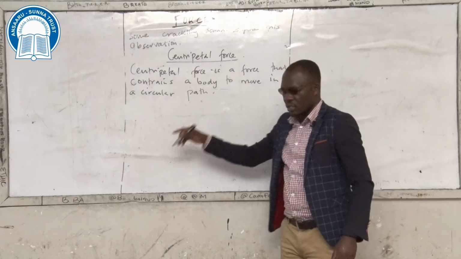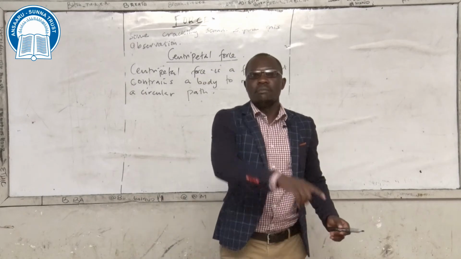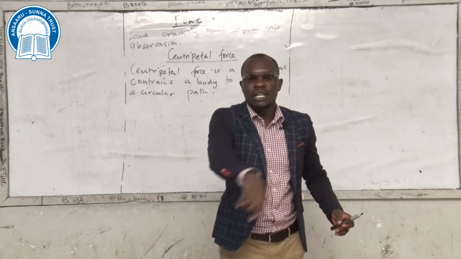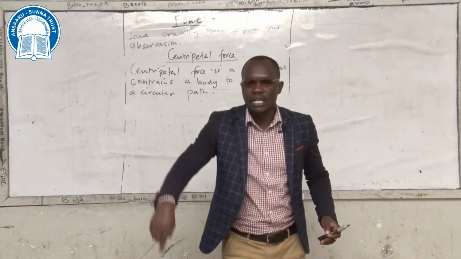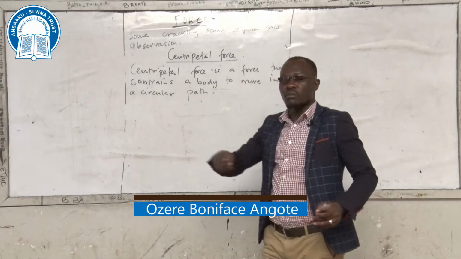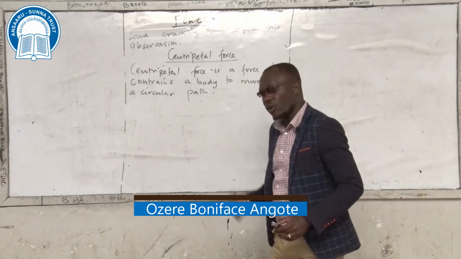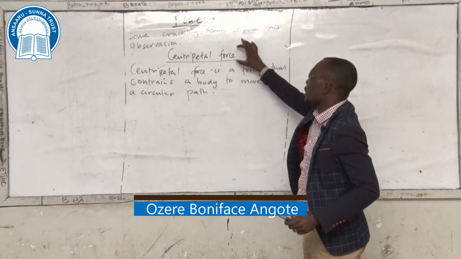Back to the merry-go-round. When the merry-go-round has been switched off, it continues to go, making a circular path, because of the centripetal force. It is off, but there is a force which makes it continue moving in a circular path, and that force is called centripetal force.